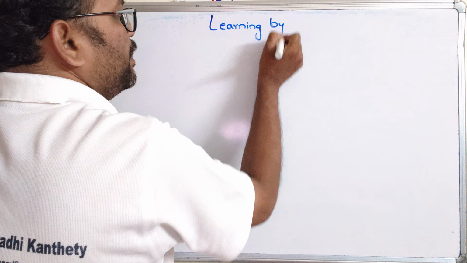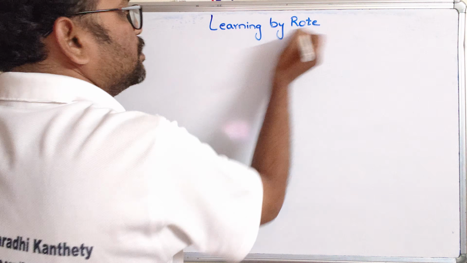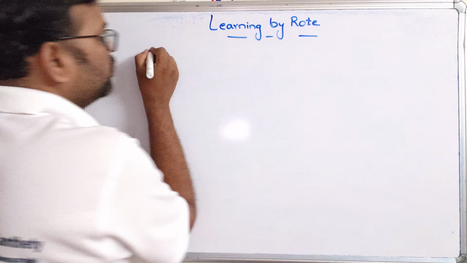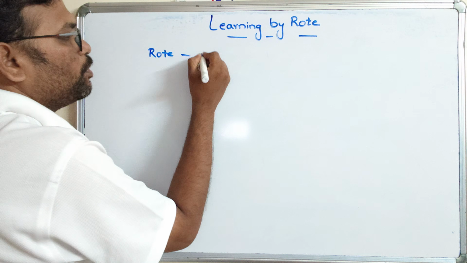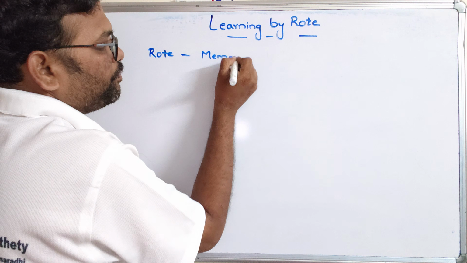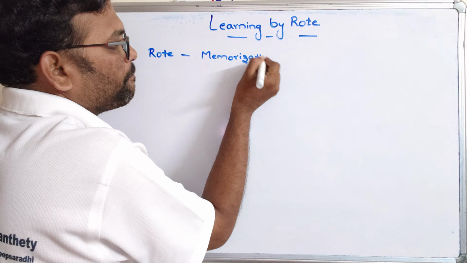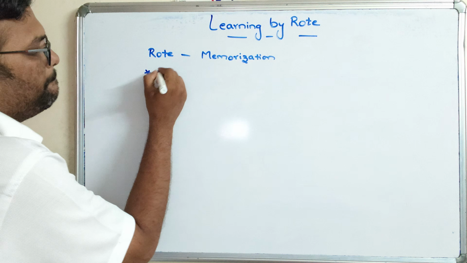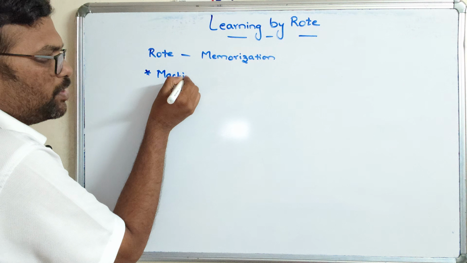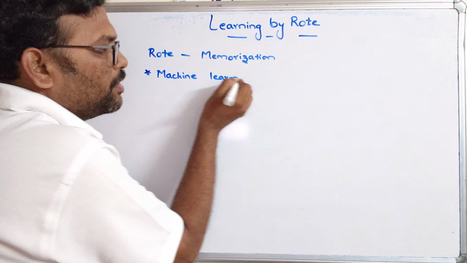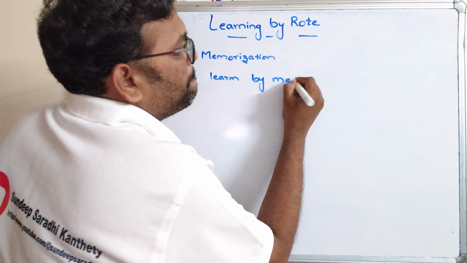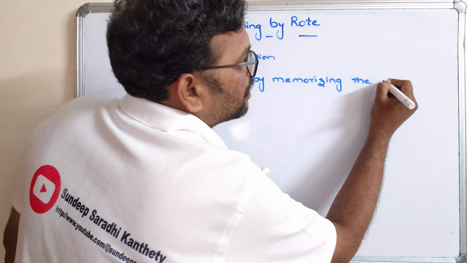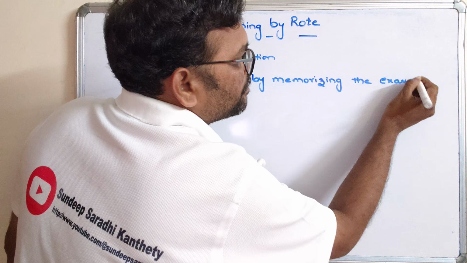Learning by rote. This particular word, rote, might be a new term, which means memorization. Rote means memorization. In this concept, a machine or a computer learns by memorizing the examples.